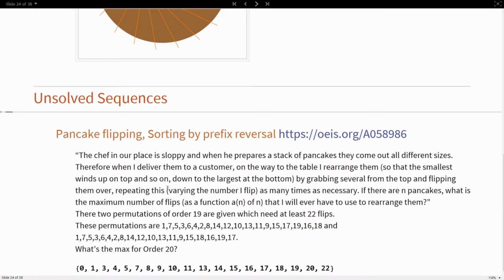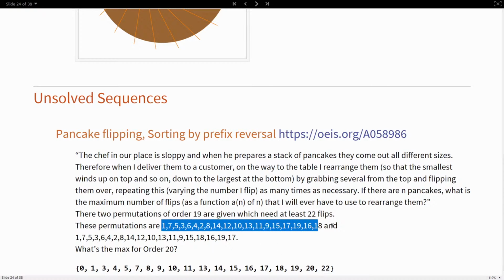And the question is, what is the minimal number of flips necessary to sort a stack of pancakes with flipping? And you get this particular sequence. For 19 pancakes, this is the maximal number of flips. It needs 22 flips for this particular set.